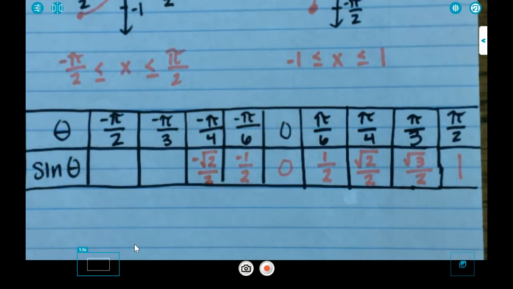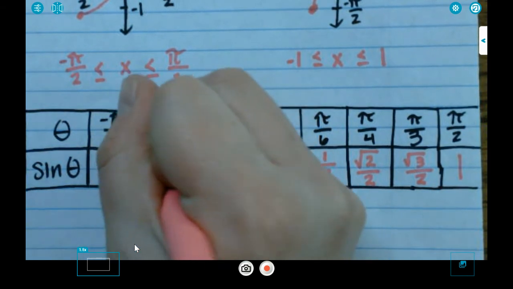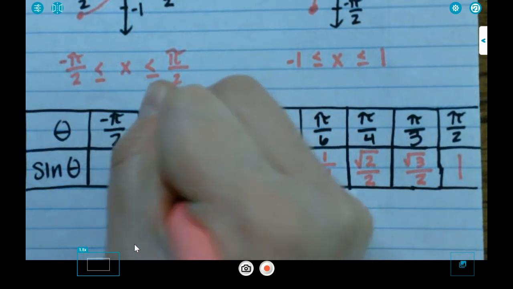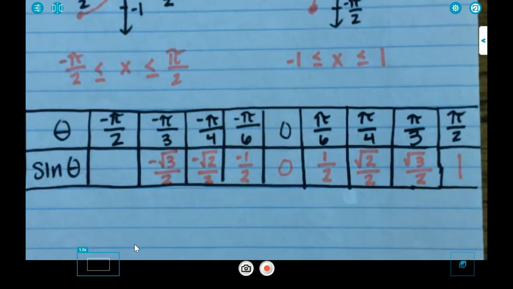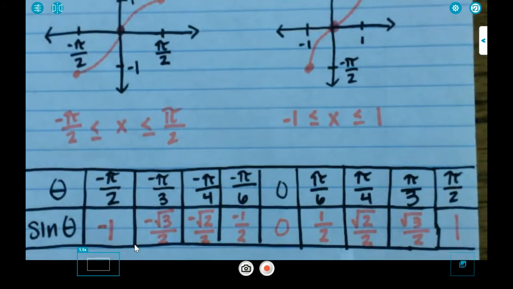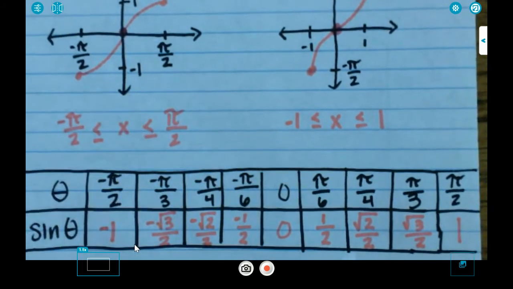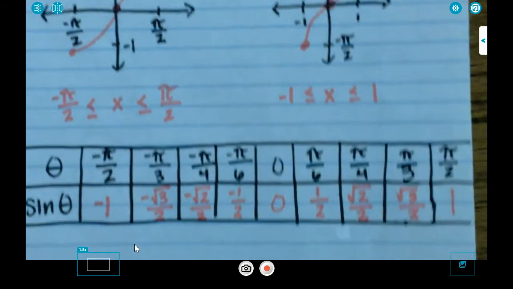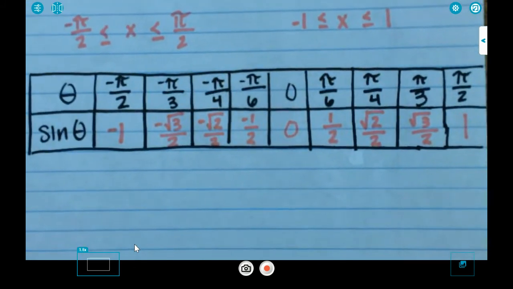Sine of negative pi over 3 is negative rad 3 over 2. And then sine of negative pi over 2 is negative 1. So those are the exact values for this graph here, essentially. And here is how we are going to use those today.